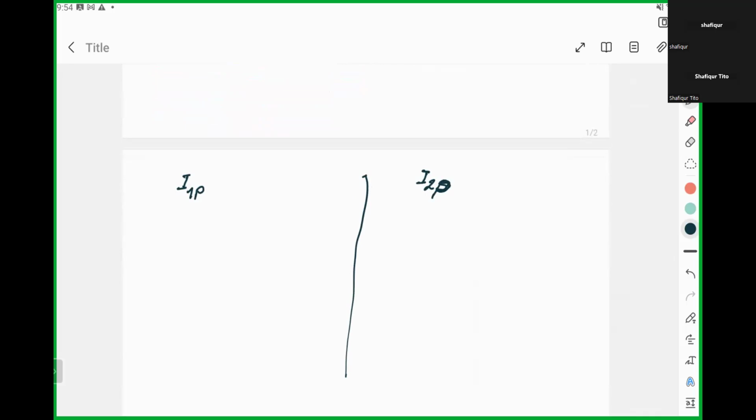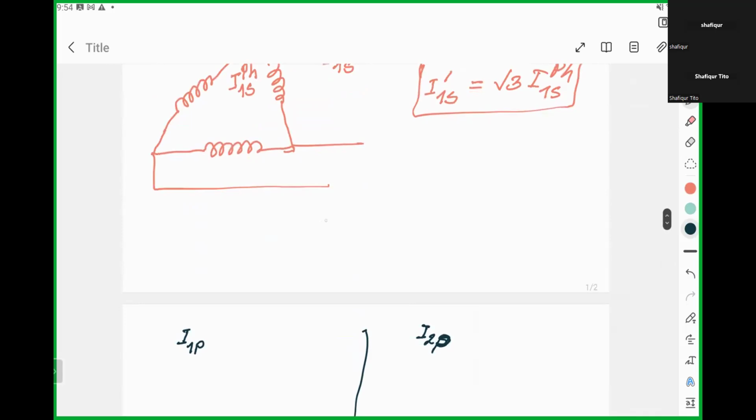And this can be calculated with a simple formula, that is S is equal to root 3 VL IL. And from here, I can find out IL is equal to S divided by root 3 VL.